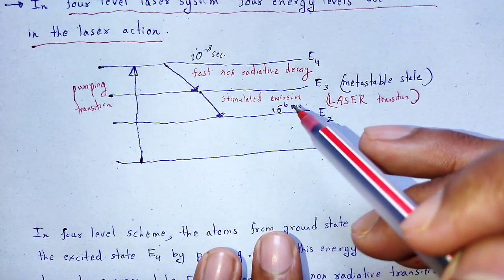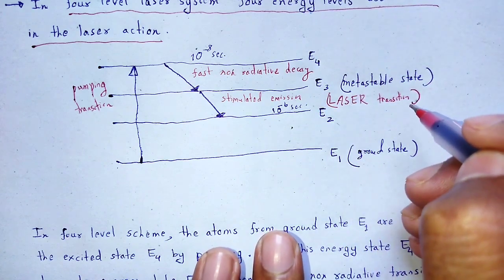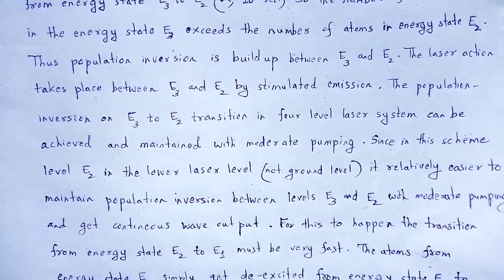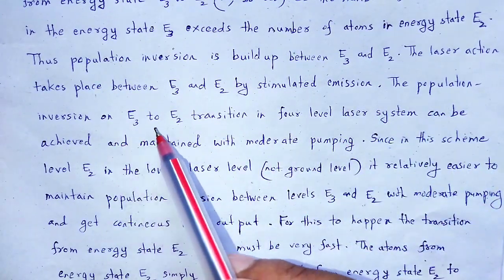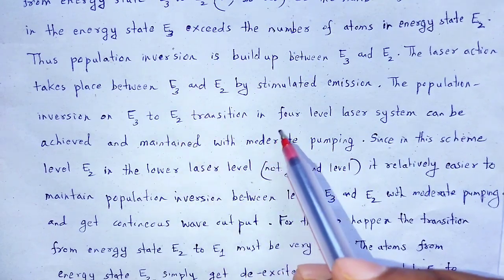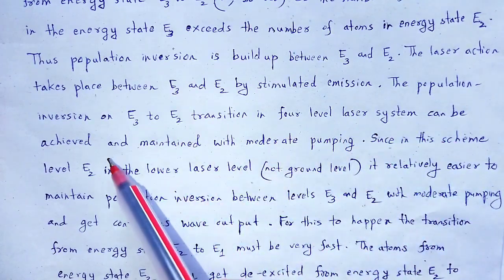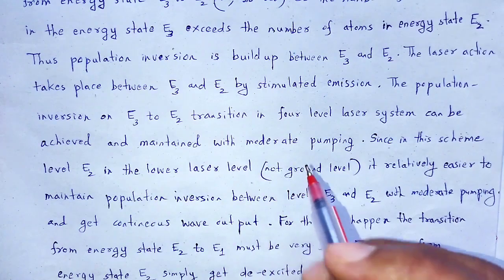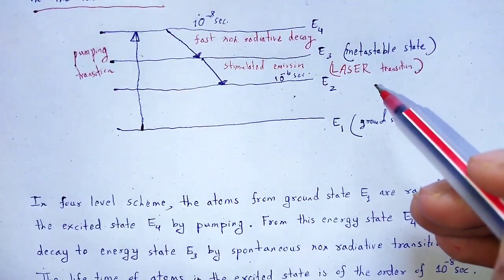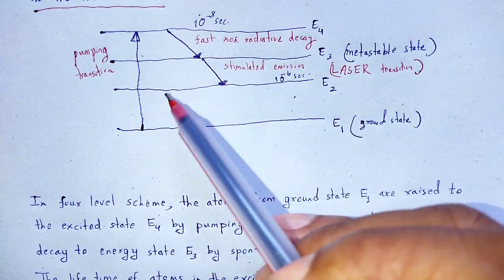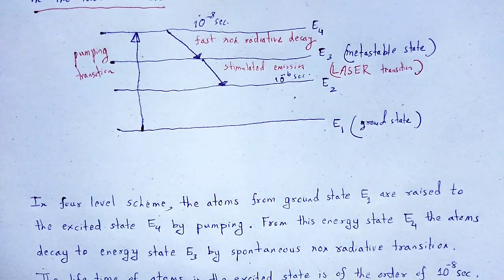Due to stimulated emission, laser transition takes place. The population inversion on the E3 to E2 transition in a 4-level laser system can be achieved and maintained with a moderate rate of pumping.